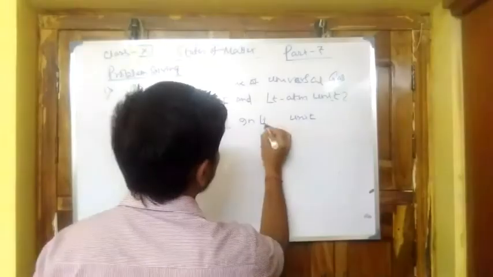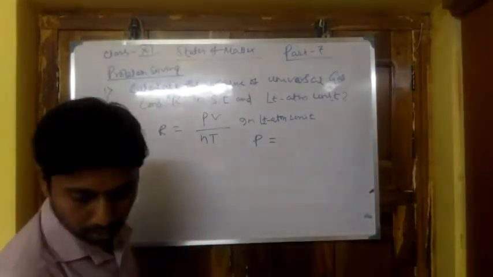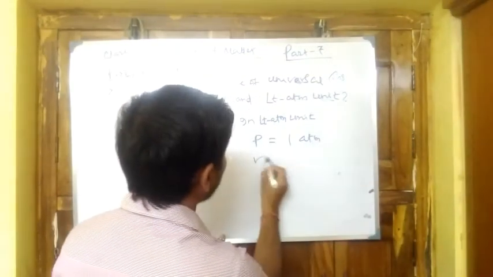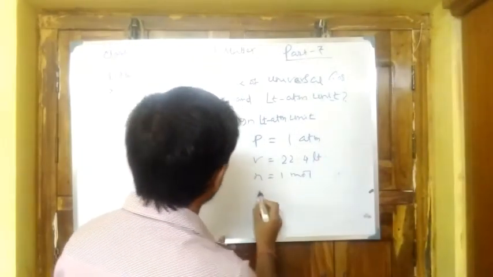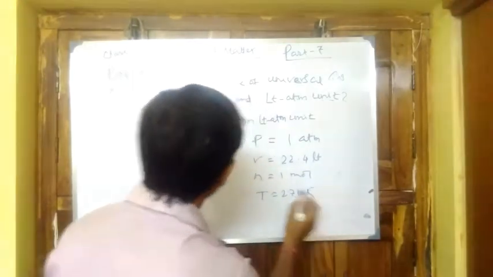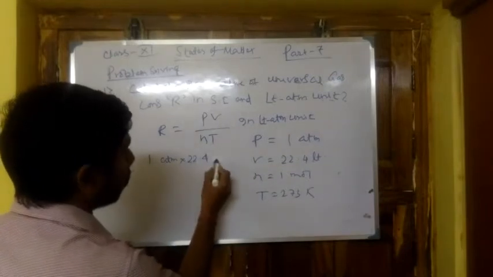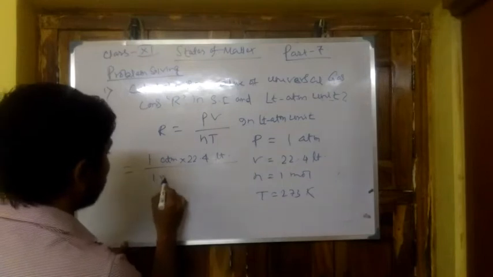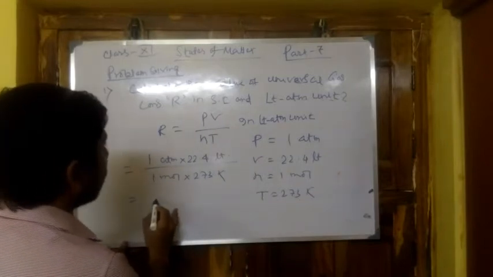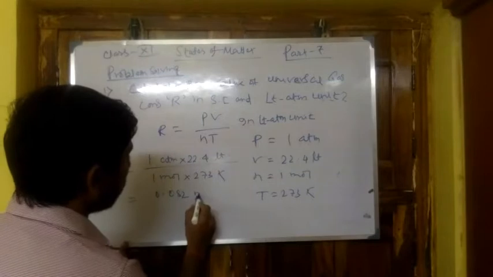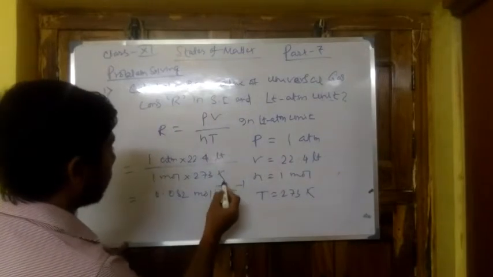In liter atmosphere unit, P equal to 1 bar pressure, that is 1 atmosphere pressure, V equal to 22.4 liter, n equal to 1 mole, and T equal to 273 K. So R is equal to 0.082 liter atmosphere mole inverse Kelvin inverse.